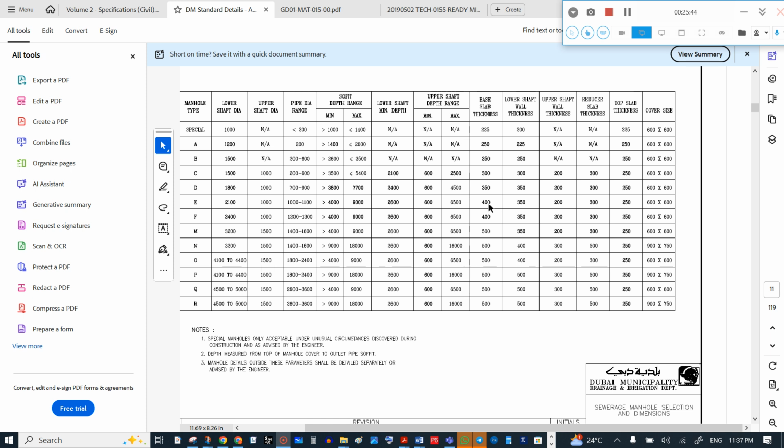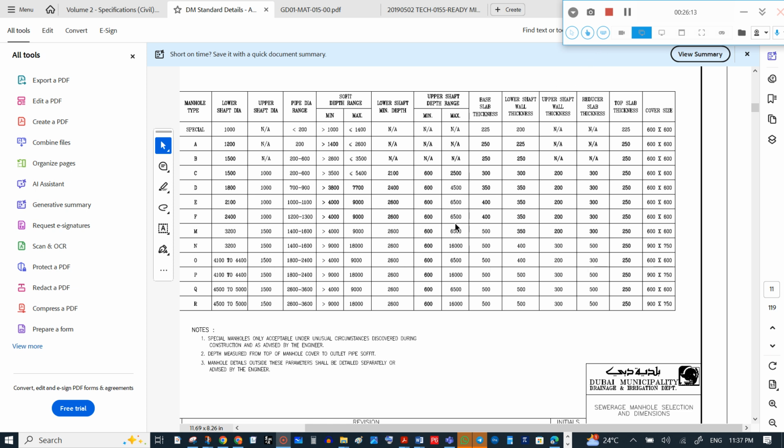A and B are 225 and 250, then 300, 350. D and E have the same base slab thickness, 400. E and F have the same thickness. Whatever it is, this base slab comes as rectangular, which we will see now.